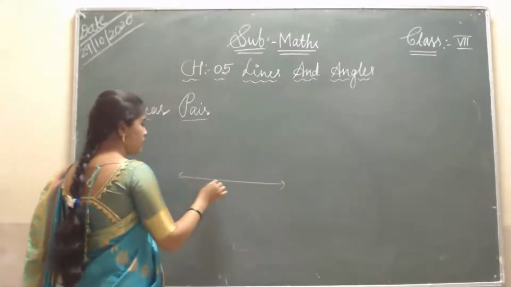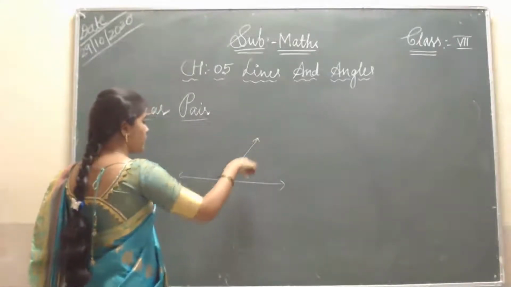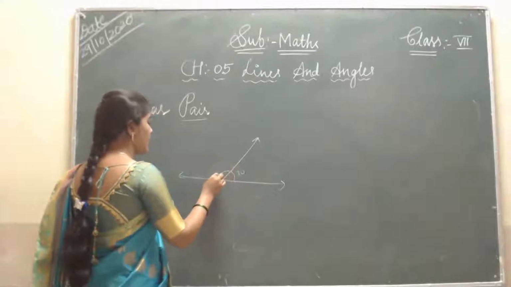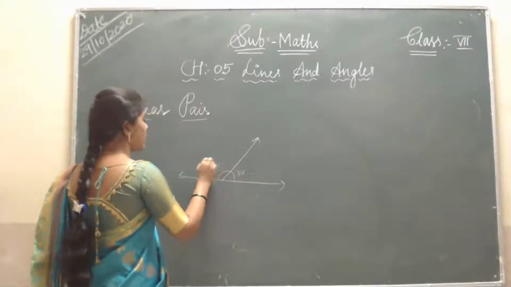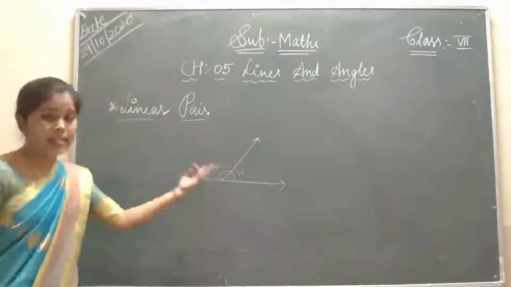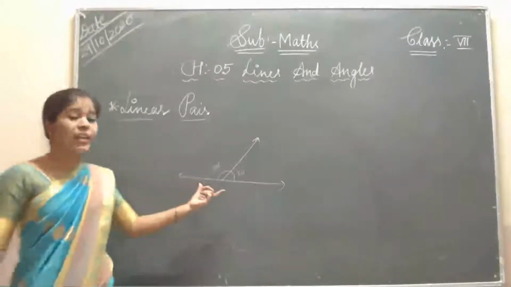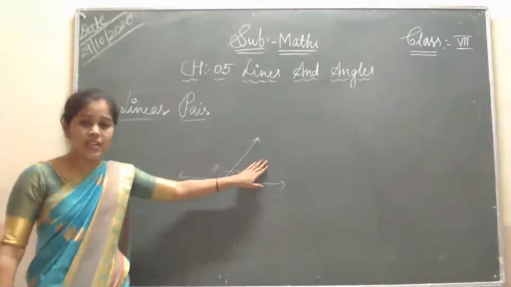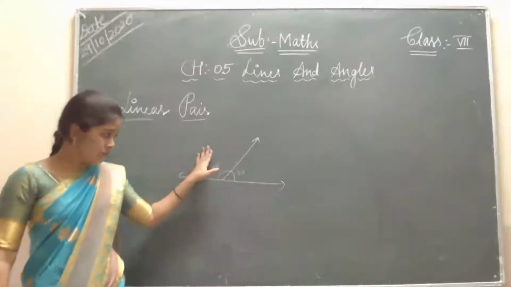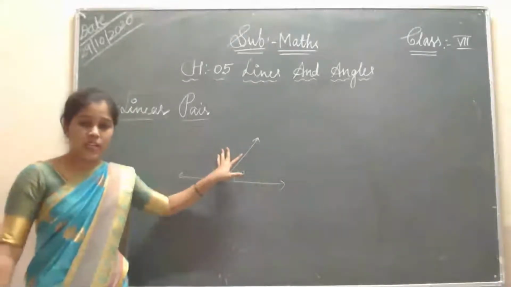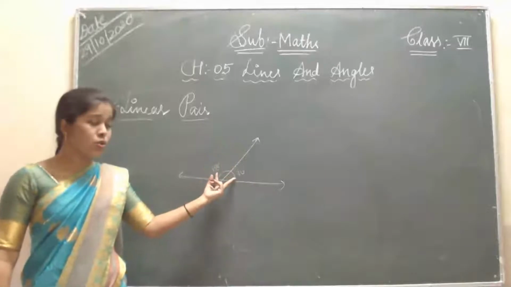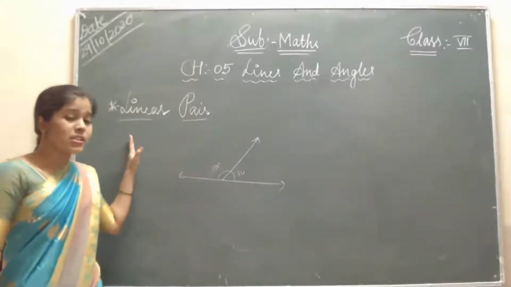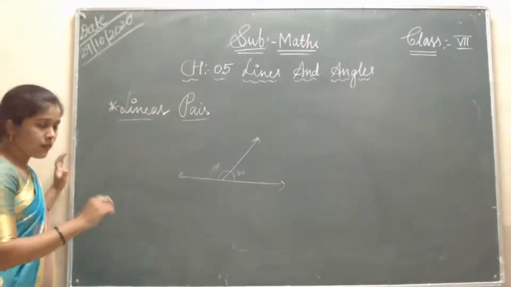See here, one angle is 30 degrees, another angle is 150 degrees. So the sum of the two angles is 180 degrees. This is a linear pair. This is one angle, this is one angle. One pair means two angles. So linear pair is nothing but the sum of two angles is 180 degrees.